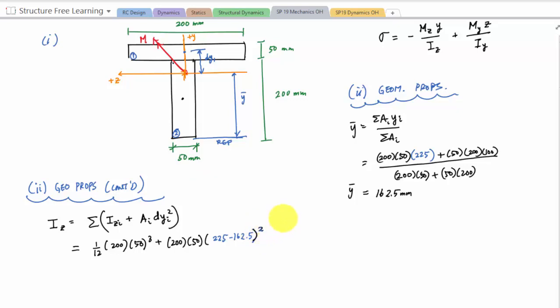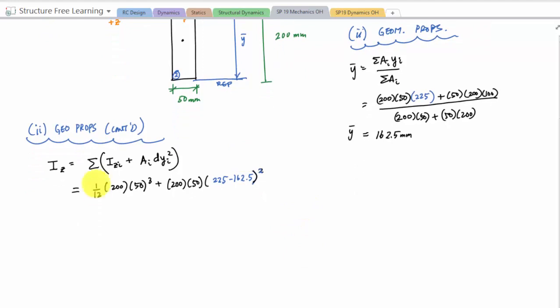Then the second element will be plus 1/12 times the base, 50, times 200 cubed, plus 50 times 200, times the distance from the center of element 2 to the neutral axis, which is just 100 minus 162.5, squared.